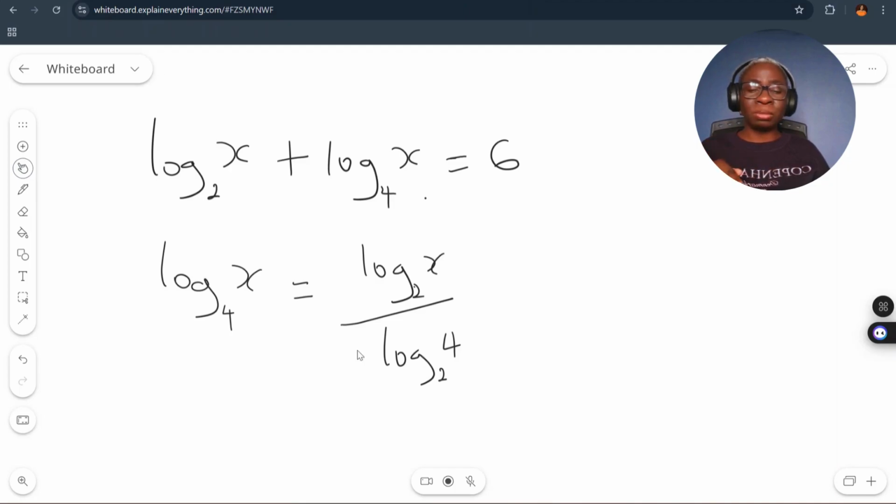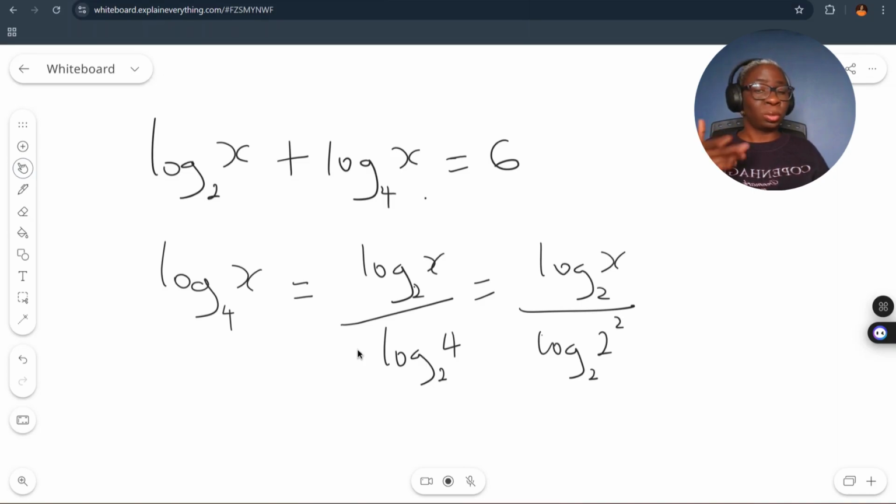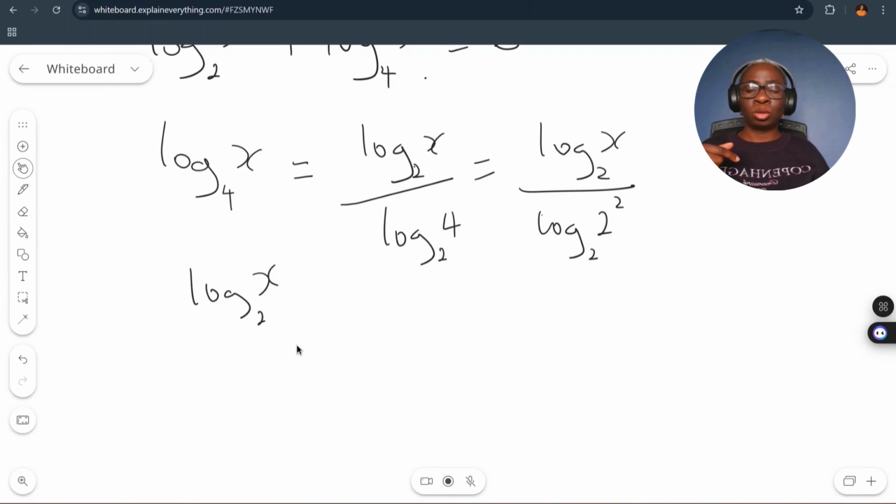Now log 4 base 2 is the same thing as 2, because log 2 squared base 2 gives 2 times log 2 base 2, and log 2 base 2 is 1. So we have log x base 2 over 2.